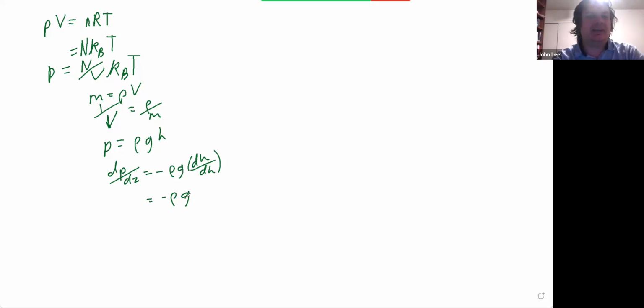So it's going to have a negative there instead of just the positive value that you would see otherwise. So dP/dz equals negative rho g, and rho equals negative dP/dz times 1 over g.